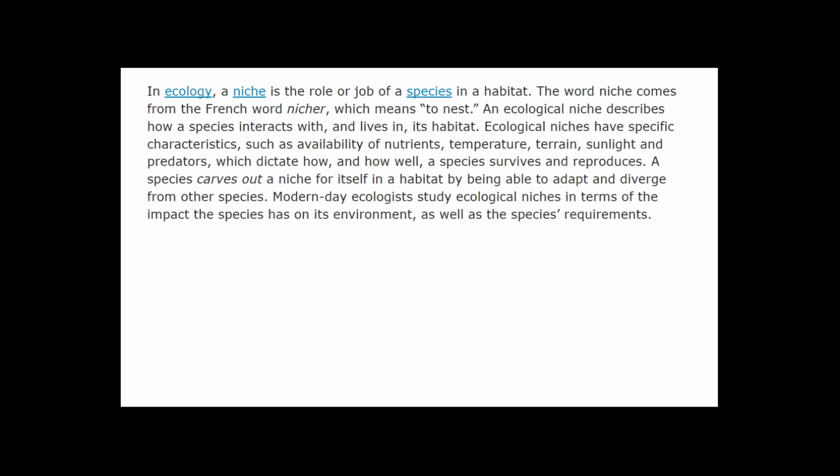And the species carves out a niche for itself in the habitat, being able to adapt to and diverge from other species. And modern day ecologists study ecological niches in terms of the impact the species has on its environment as well as its requirements.